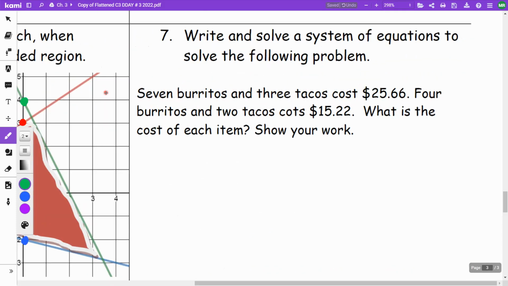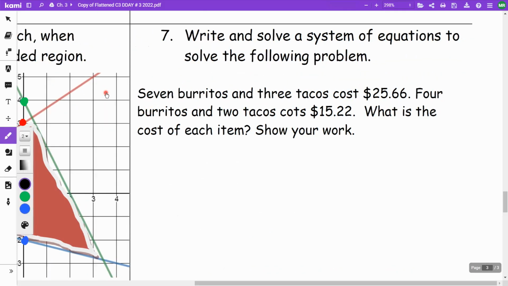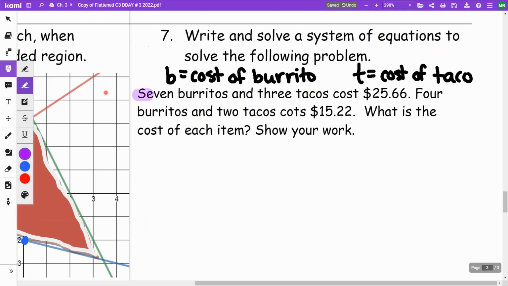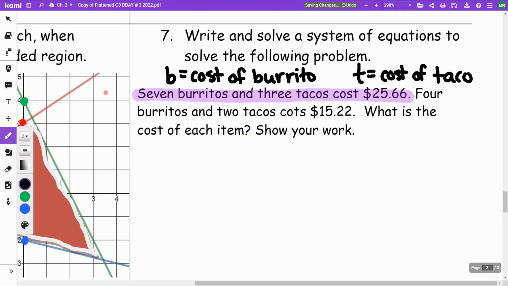On 7, setting up a system of equations for this, I am going to let b equal the cost of a burrito, and t equal the cost of a taco. And then I'm going to translate. So one equation, 7 burritos and 3 tacos cost $25.66.